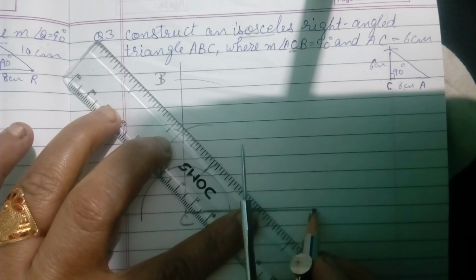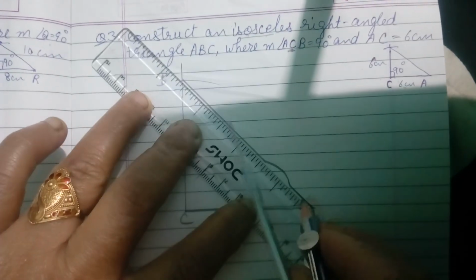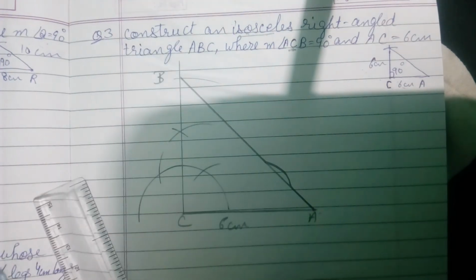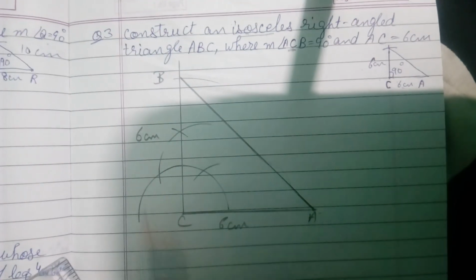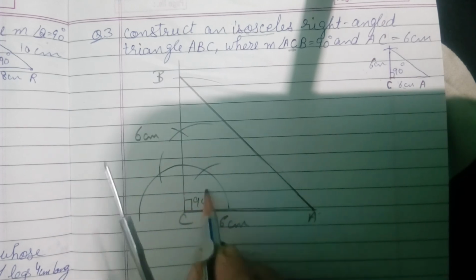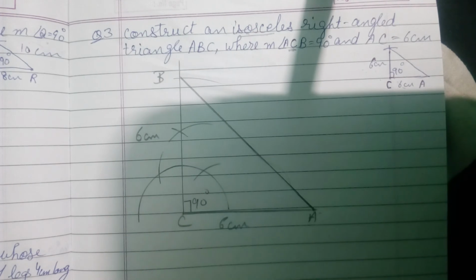Join AB, so ABC is your required triangle with C as 90 degree, and these two sides are equal, so it is an isosceles triangle. In this way you will complete your exercise 10.5. Thank you.